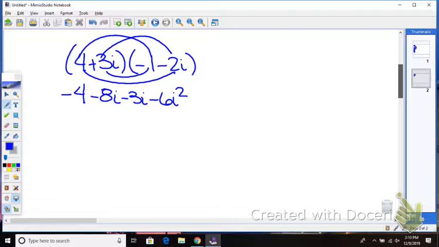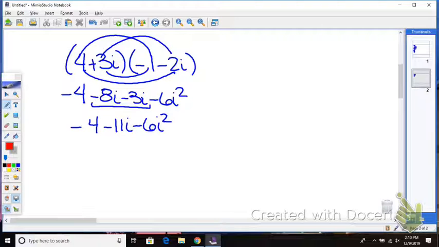But is everybody good with these numbers that we have? We all agree? Okay, so on my inside here, I have these two that are like terms. So I'm going to have negative 4 minus 11i and then minus 6i squared. And then what does i squared equal? Negative 1.